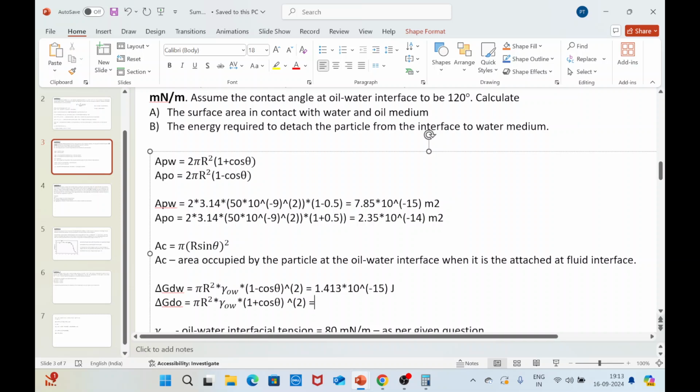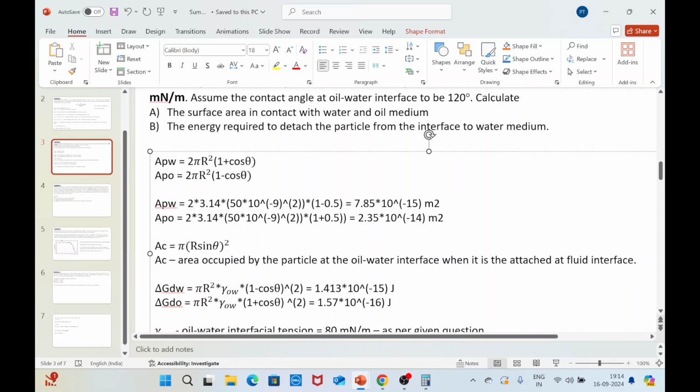And your delta G dO, again in joules. So you can see the difference in the energy also. The amount of energy that is required in case of delta G dW is more compared to delta G dO.